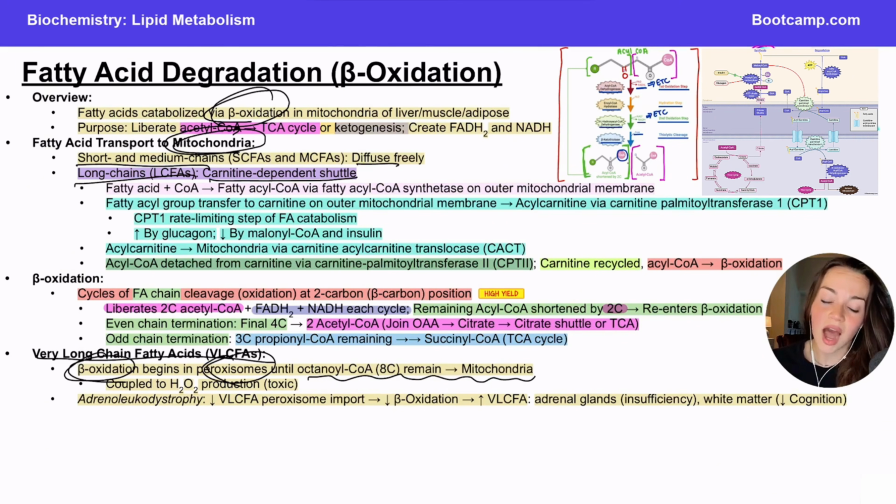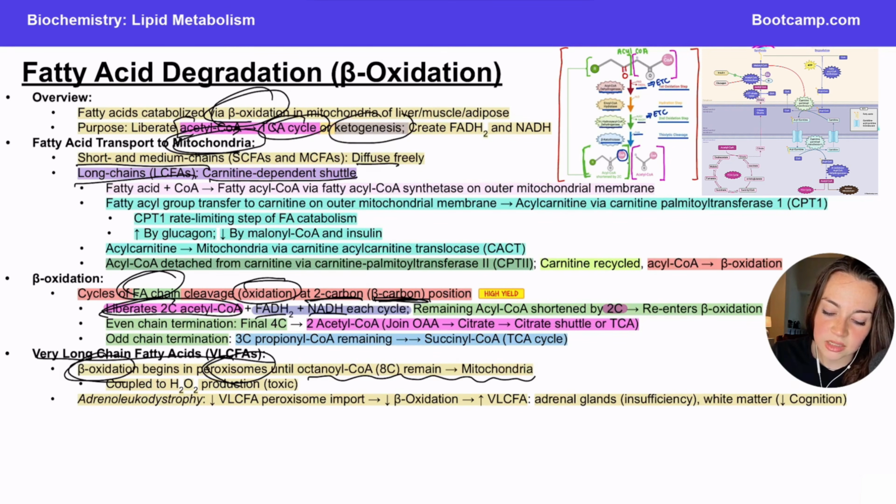The process of beta oxidation itself involved starting with a fatty acyl CoA and oxidizing it at that beta carbon or that 2-carbon position, which would cleave off those 2 carbons in the form of an acetyl CoA. And in the process, we freed out FADH2 and NADH. That acetyl CoA joined the TCA cycle or ketogenesis, which were energy-producing pathways, which is how we got energy out of this.